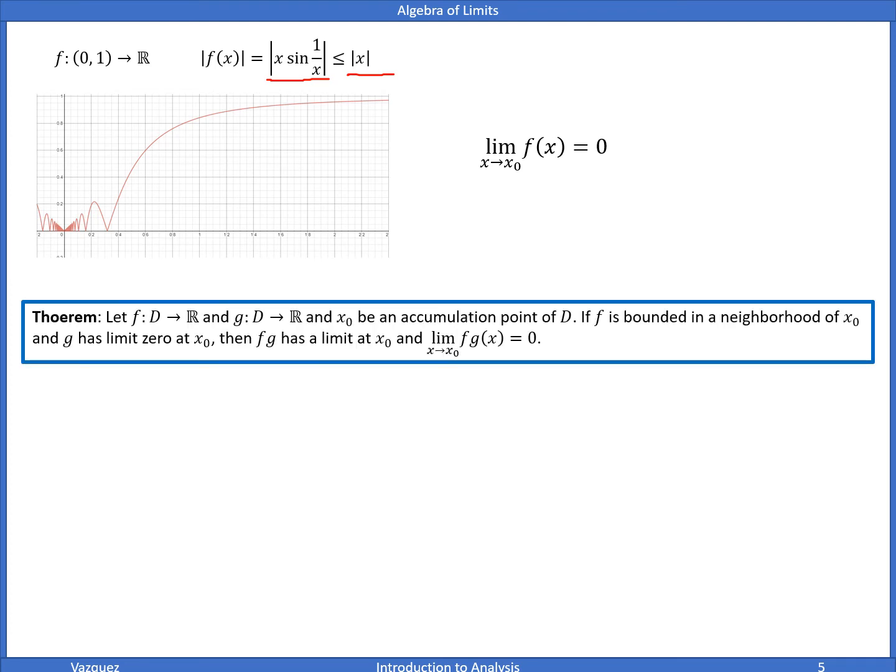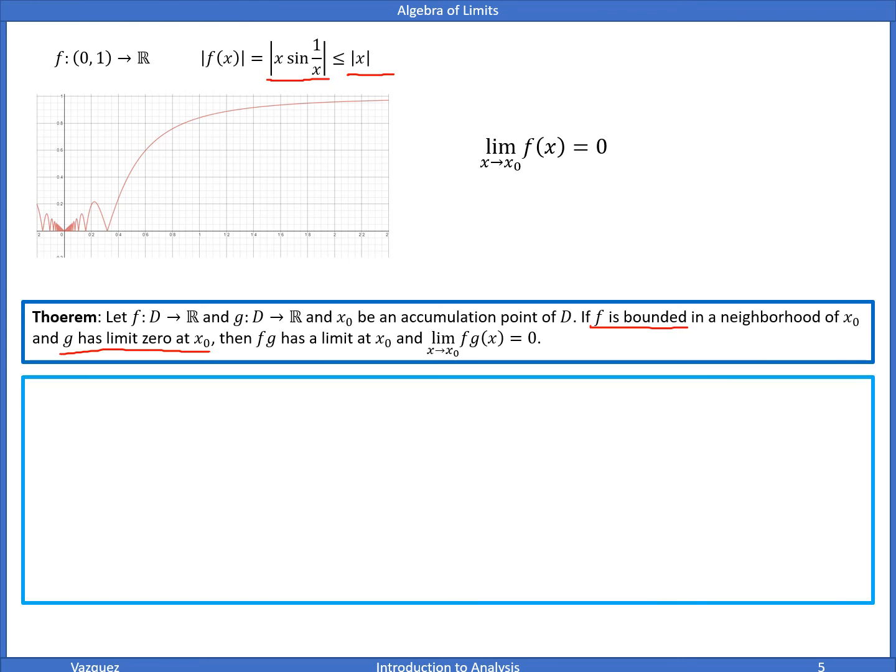So our theorem says that let f and g map D to R and x naught be an accumulation point of D. If f is bounded in a neighborhood of x naught and g has a limit 0 at x naught, then their product has a limit at x naught, which is 0. Again, f is bounded here, and the other has limit 0 at x naught.